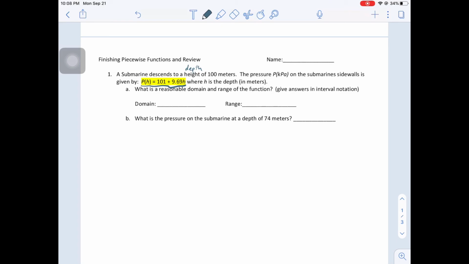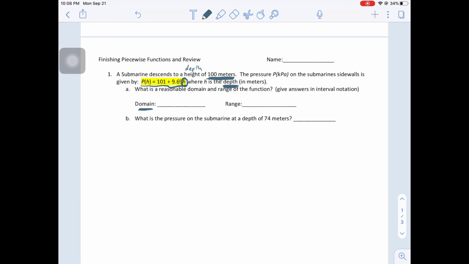Okay, so the domain that we're talking about is all of the h's that we're going to plug in, right? So we always want to look at domain first because it's talking about the value that we're plugging in. So we're talking depth for h. So it says the lowest that it descends is 100 meters, okay, 100 meters deep.